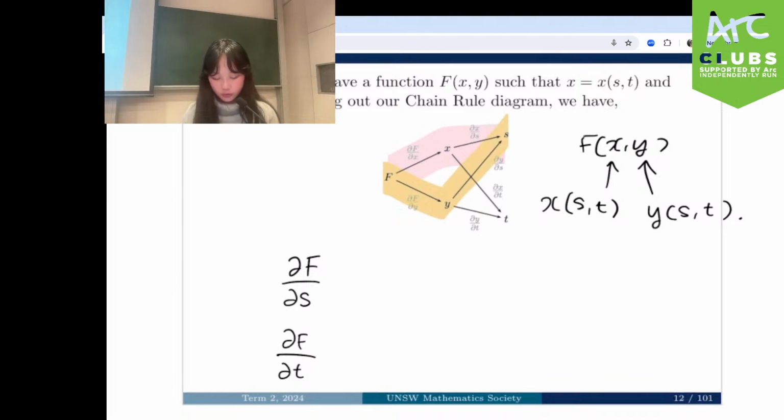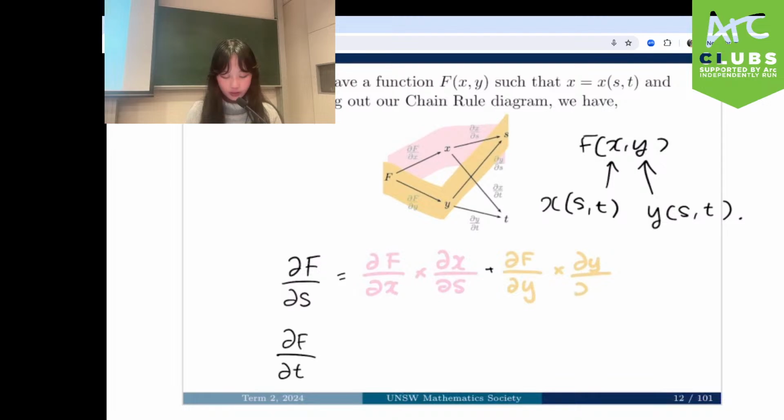So this is equal to delta f, delta x, multiplied by delta x, delta s. It's kind of a badly drawn s. And the things that are in different colors, we add them together. So we're adding this pink path and the orange path. So this would be delta f on delta y multiplied by delta y on delta s. Okay? So that's how we find the partial derivative of f with respect to s.